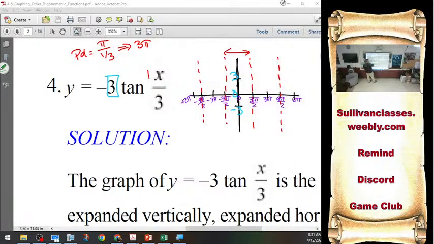And in between, because it's negative, reflected, you have that pattern of up, middle, down, up, middle, down, and so on. Like so. It ain't pretty, but that's why we use graph paper.